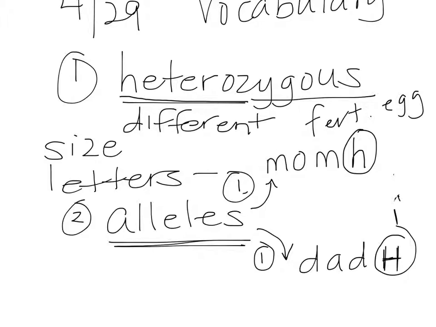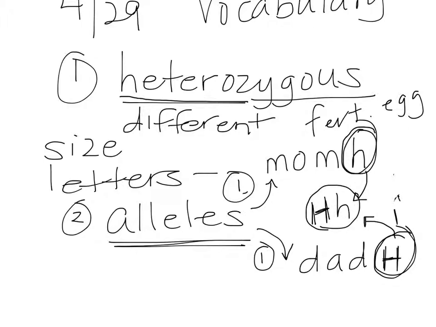The individual letters are called alleles. You get one allele from mom, one allele from dad, but when you put those alleles together, they are called the genotype.